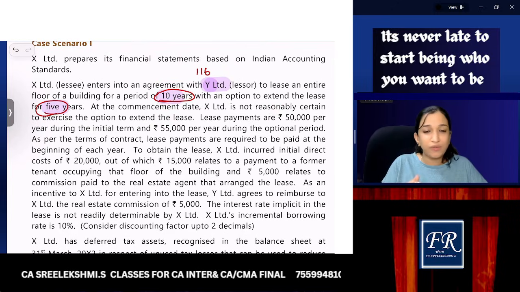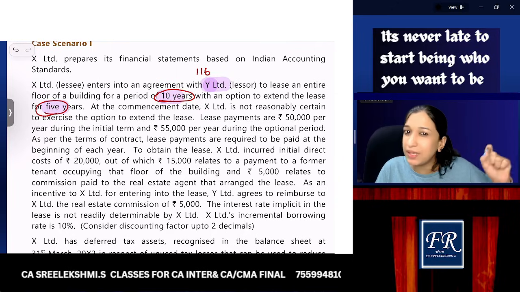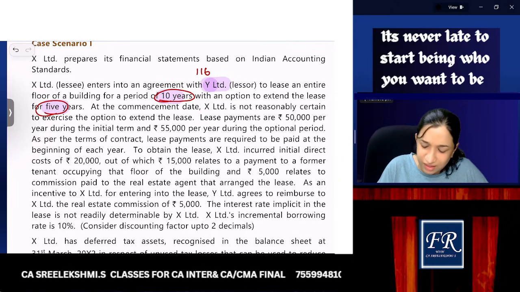At the commencement date, we need to identify whether the lessee has significant incentive if the lease period is extended. But here there is no information and they have no plans to extend the lease. Lease payments are 50,000 per year during the initial term and 55,000 per year during the optional period. We don't need the optional period information.